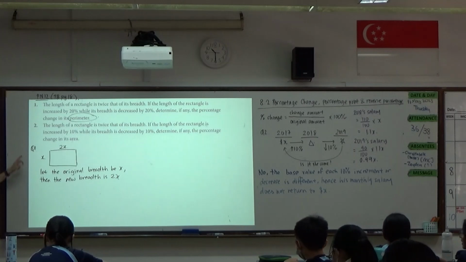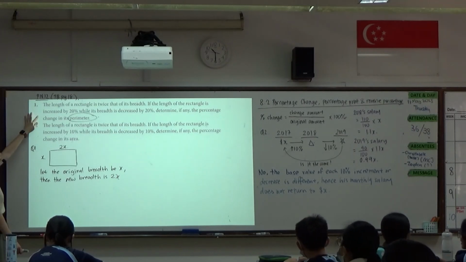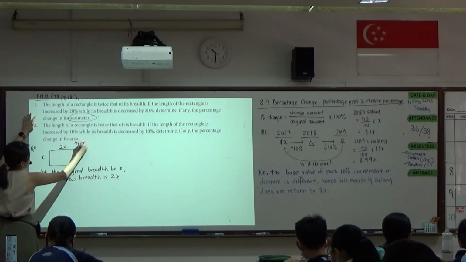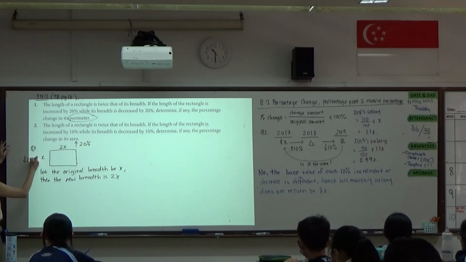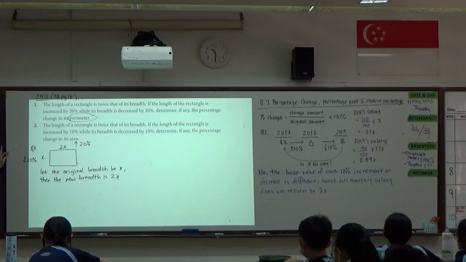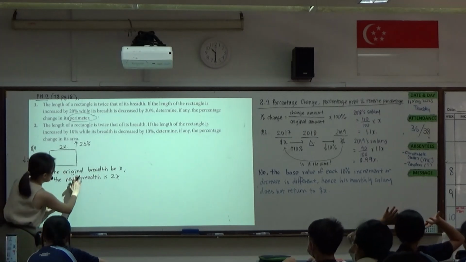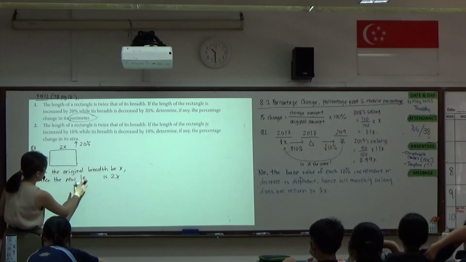Now the question says that the length has been increased by 20% and the breadth has decreased by 20%. So let's go and find out what the new breadth and the new length are.